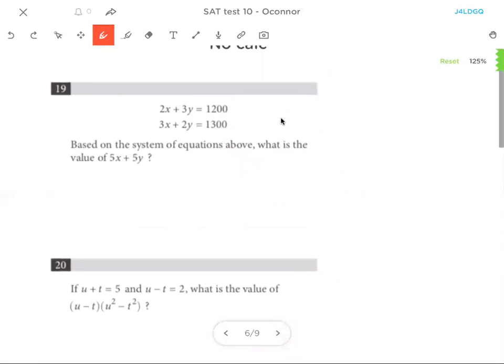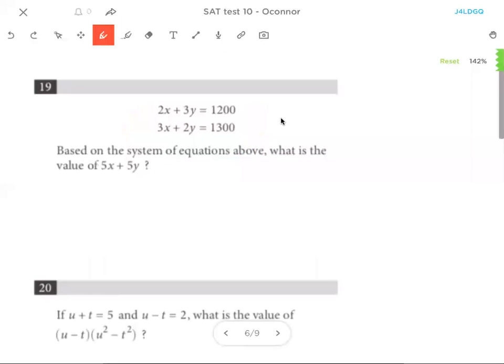And for the next one, as I watched you guys work, I saw a lot of people trying to solve this system. You'll get the right answer that way, but always be careful that they're very tricky about how they word things. Given this system, they want to know what is 5x plus 5y.